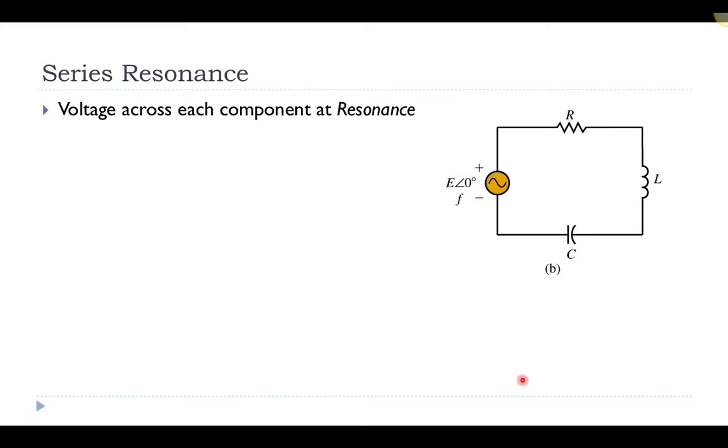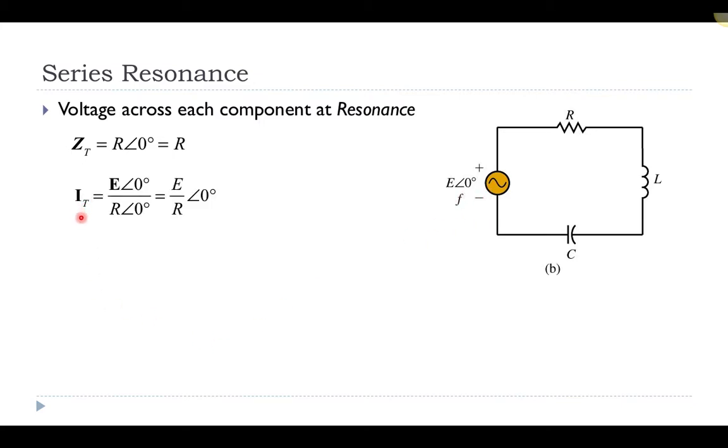Okay, before we do that though, let's just look at this simple circuit, and we want to find the voltage across each of the components when this circuit is set up for resonance. So when this frequency is set up to actually have resonance. So we know that the total impedance in the circuit at resonance will all be resistive because the reactive components have canceled each other out due to this frequency being set at just the right value.